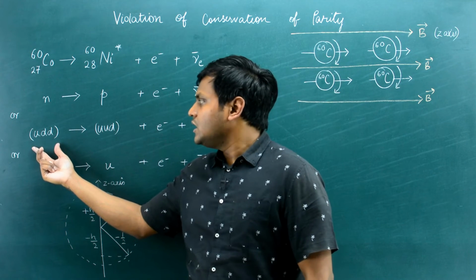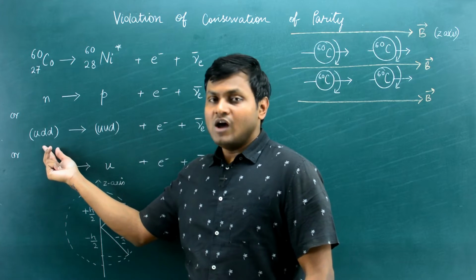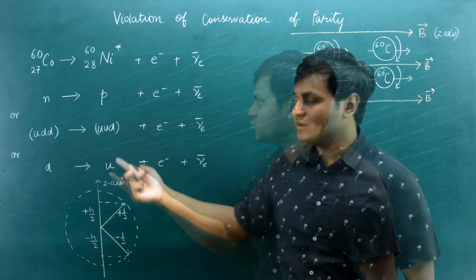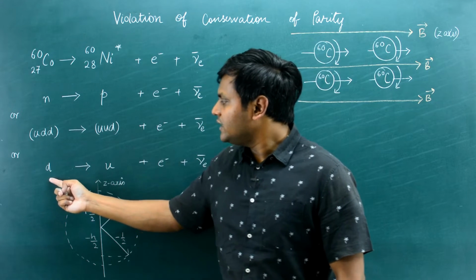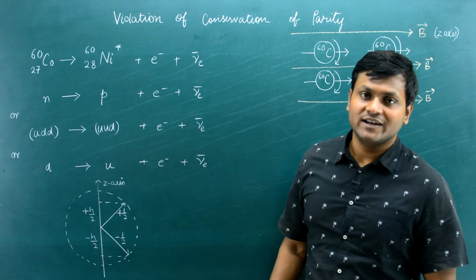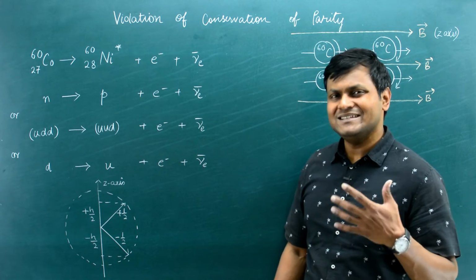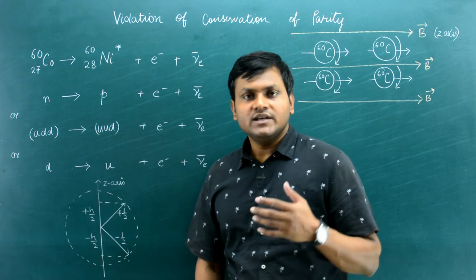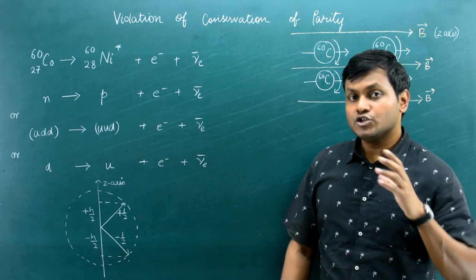It involves one up and two down quarks, while the proton is made up of two up and one down quark. That means a down quark is transforming into an up quark, leading to the emission of an electron and an electron antineutrino. This is a very good example of the weak interaction, because only the weak interaction is responsible for the transformation of quarks.